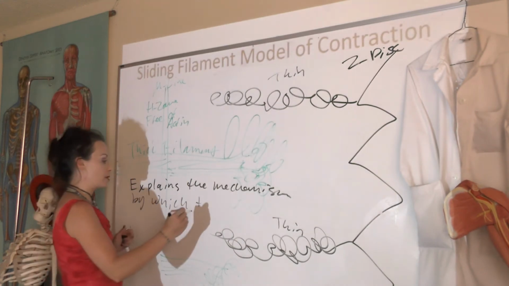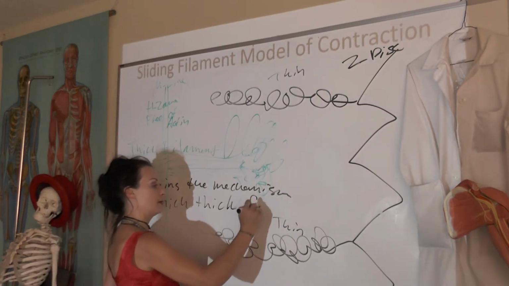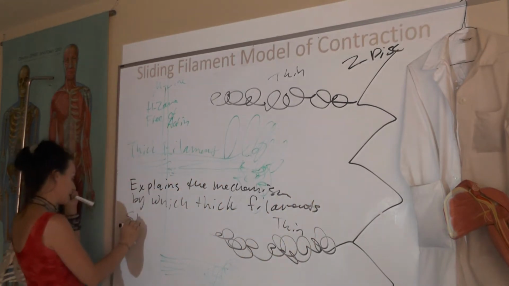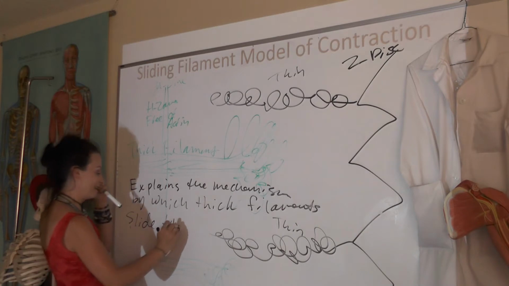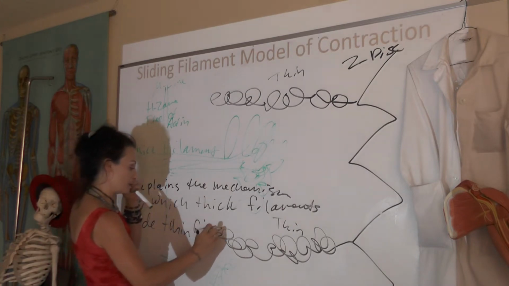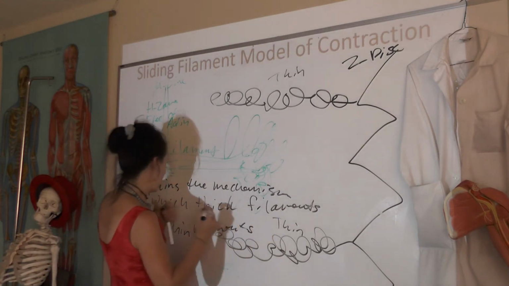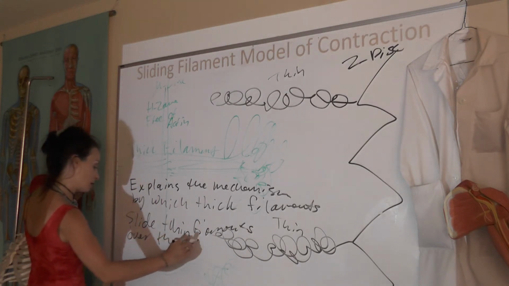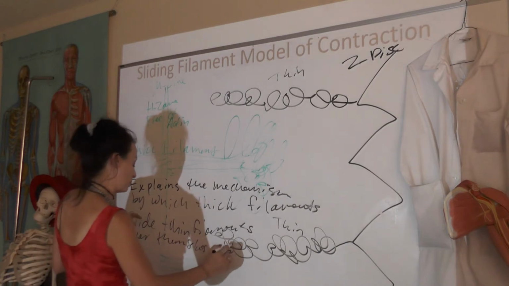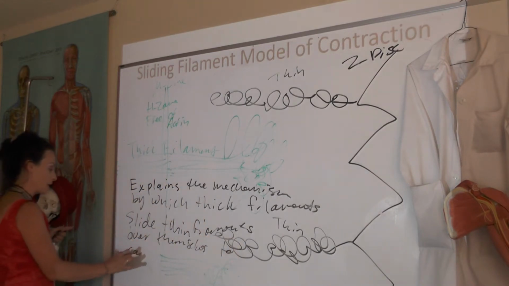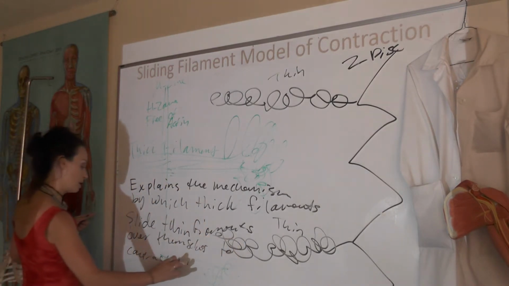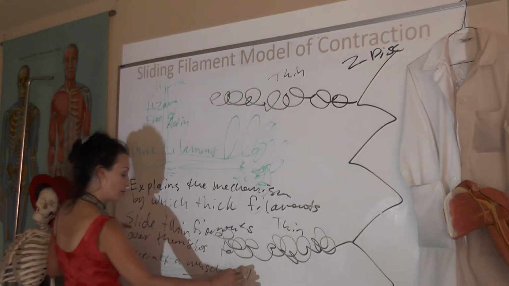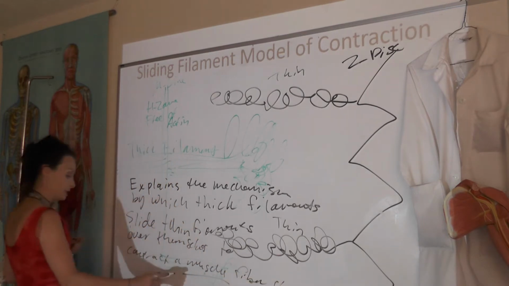Explains the mechanism by which thick filaments slide thin filaments over themselves to contract a fiber. What kind of fiber? A muscle fiber. And generate tension.